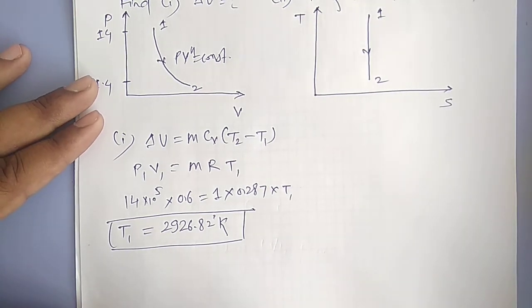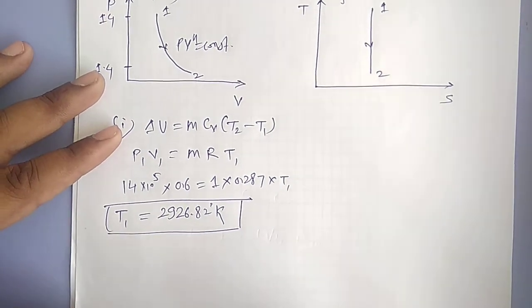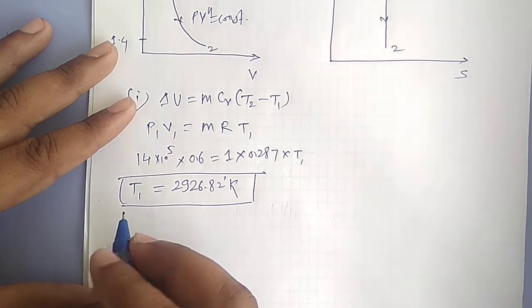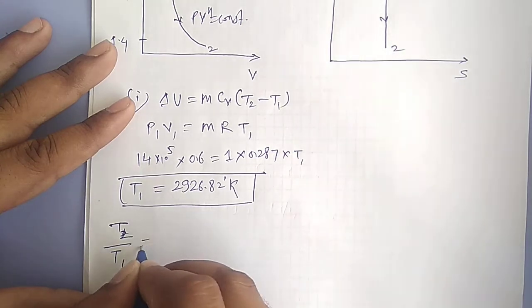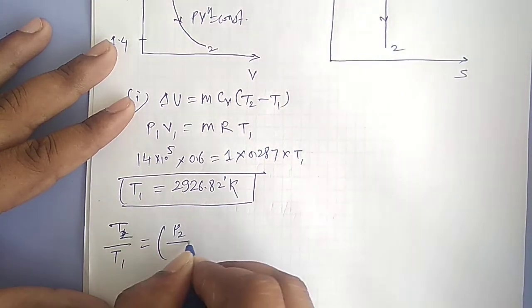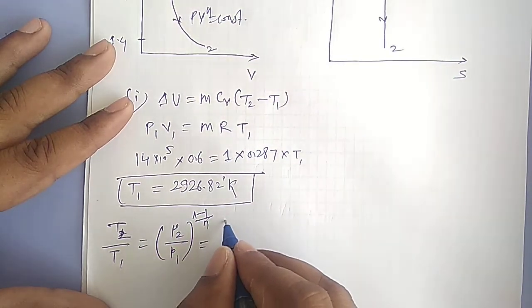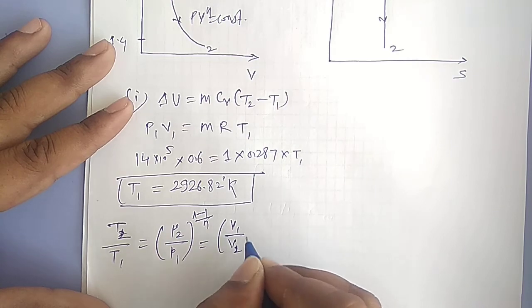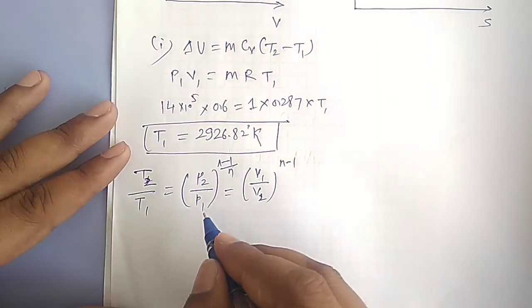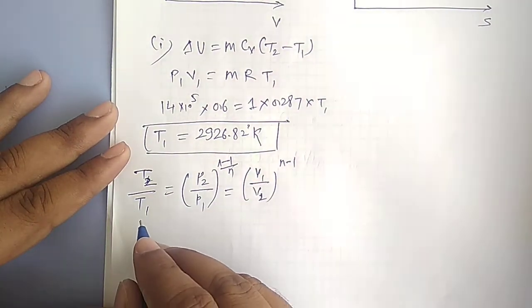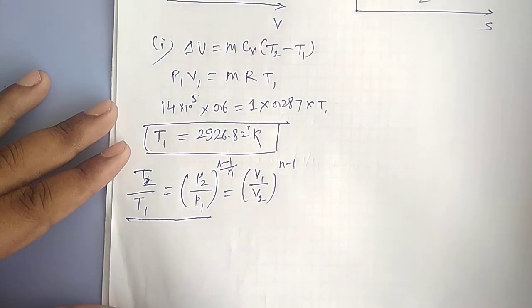And we know the relation between pressure, volume and temperature for an adiabatic process: T2 upon T1 is equal to (P2 upon P1) raised to (n minus 1) upon n, which is equal to (V1 upon V2) raised to (n minus 1). We know the values of P2, P1 and also T1, so we consider this equation for calculating the value of T2.